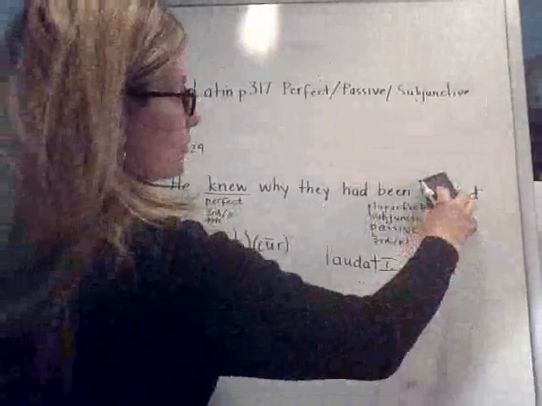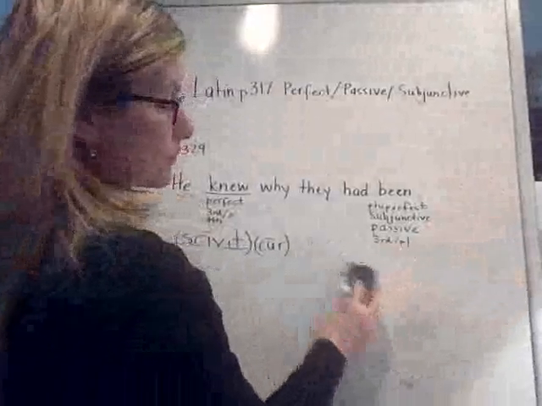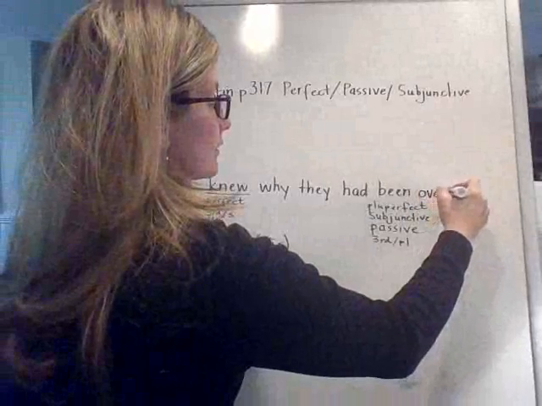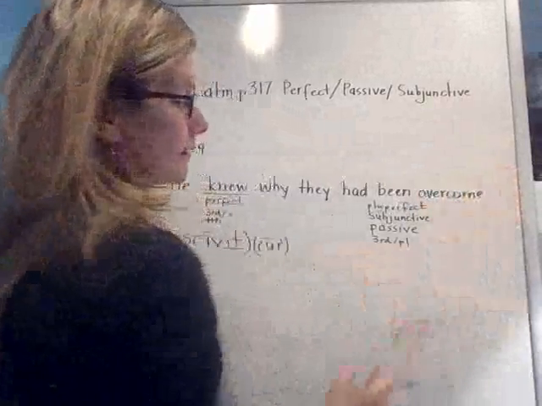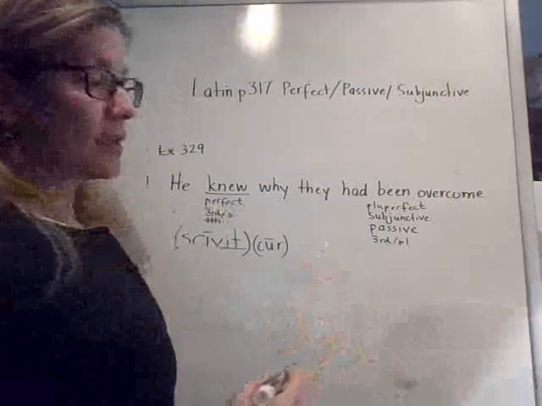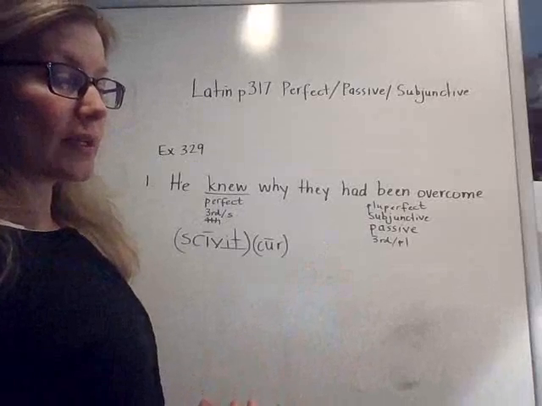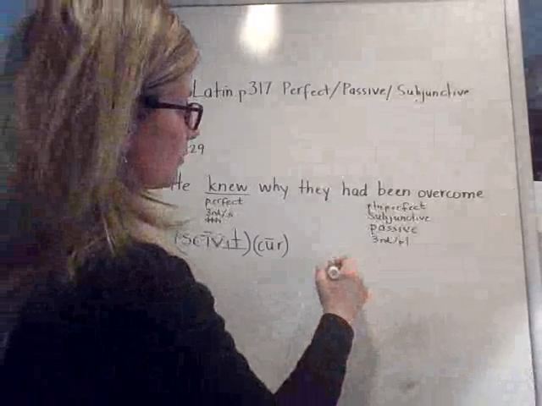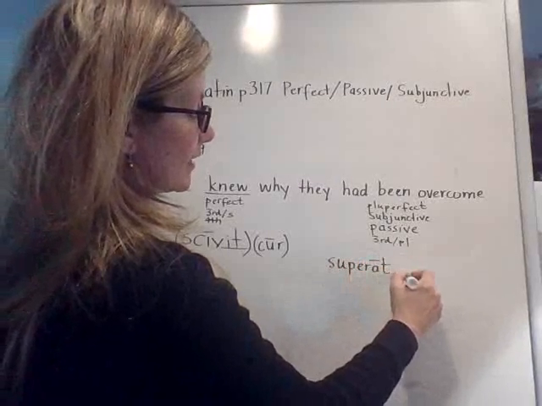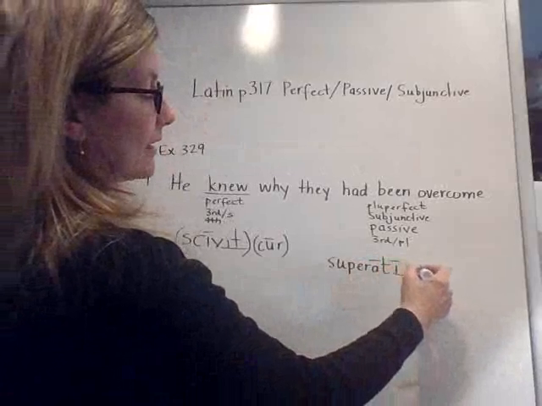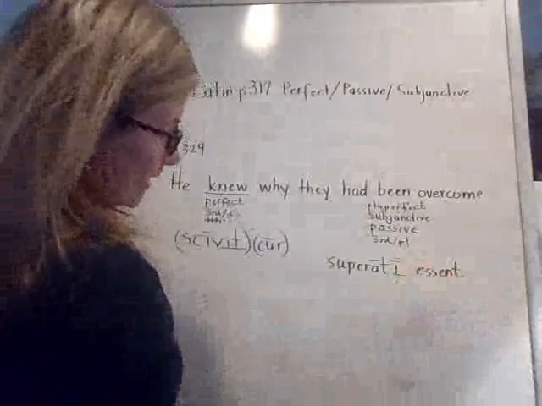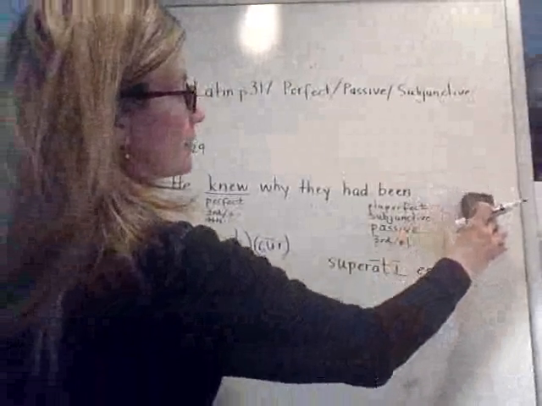Now, what if instead of praised, we had the verb overcome. That is supero. It's a first conjugation verb. So supero, superare, superavi, superatus. The fourth principal part is superat, and then the ending would be i again, and also essent.